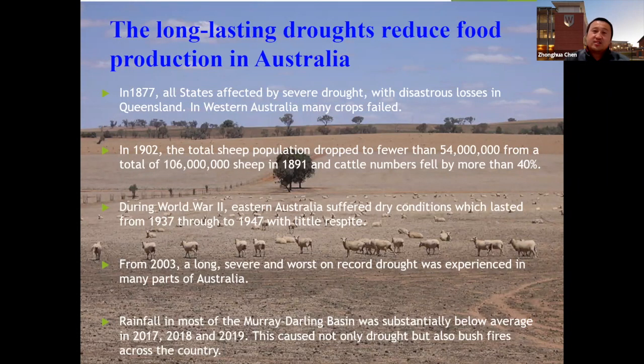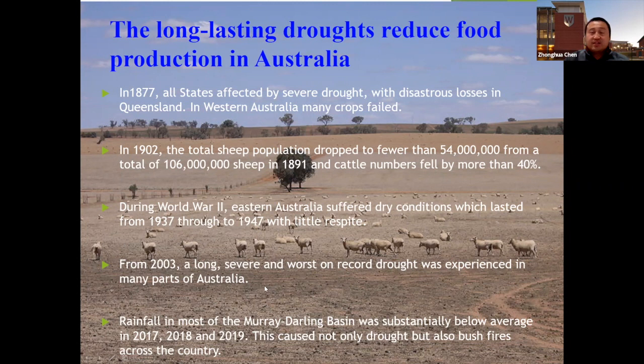Those long-lasting droughts have really impacted Australia. Although Australian farmers are very resilient, long drought is really devastating for their livelihood and productivity. The drought from 2003 was probably the longest on record in Australian agriculture.